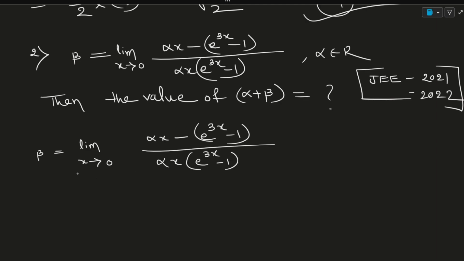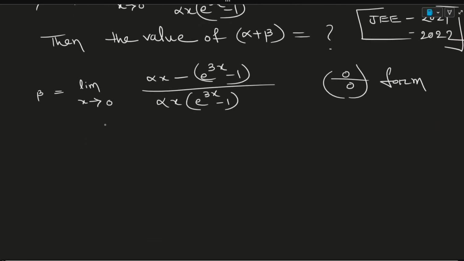When x tends to 0, you can see that the numerator tends to 0 and the denominator also tends to 0. So it is in 0 by 0 format, and we can apply the L'Hospital rule directly.